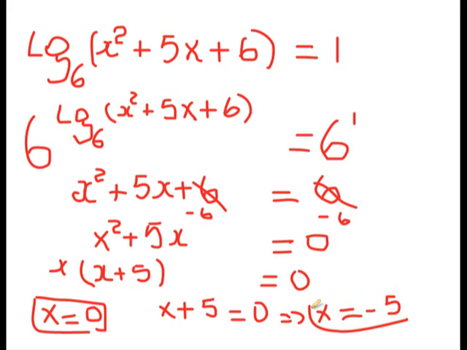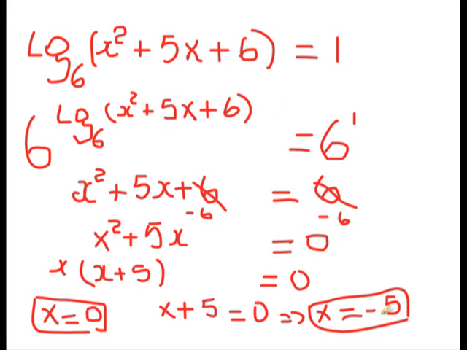But one last thing to remember, I can't compute the log of a negative value. We said that before. So if I put 0 here, I'm going to have 0, and then I'm going to have log 6.